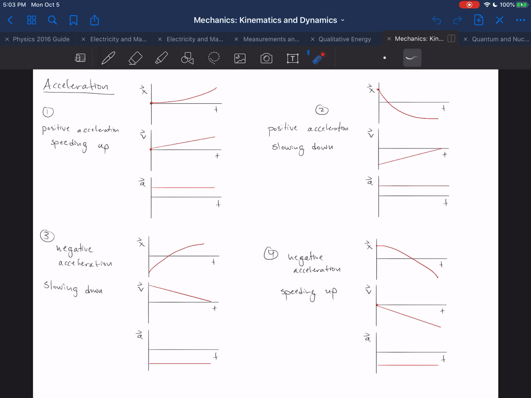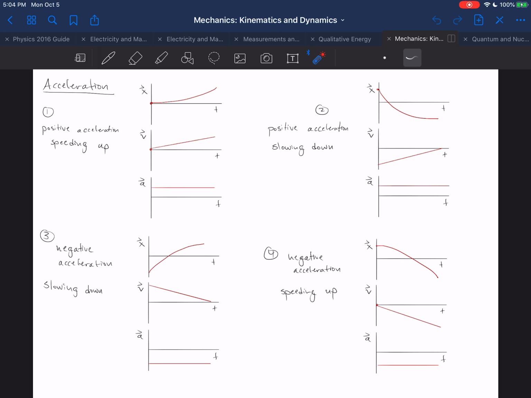In particular, it's important to be able to recognize cases where the position time, velocity time, and acceleration time graphs line up with each other. Let's take a look at a classic case of acceleration, that is one of positive acceleration speeding up. In this case, we have an initial velocity of 0 and an initial position of 0.